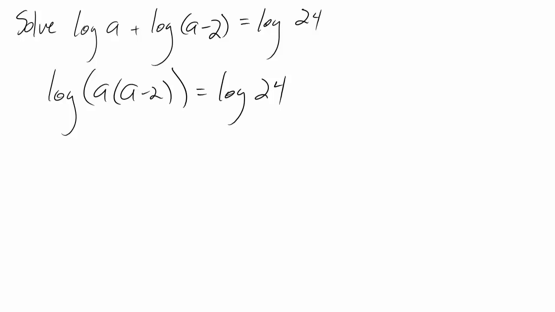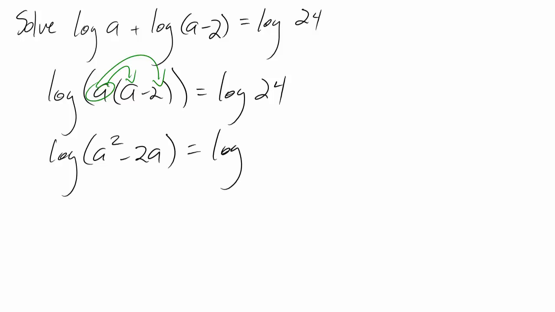Now I'm going to distribute that a through on the inside, so the a goes to both the other a and the minus 2. That leaves us with log of a squared minus 2a equals log of 24. Now we're in a situation where we have one log equal to another log.